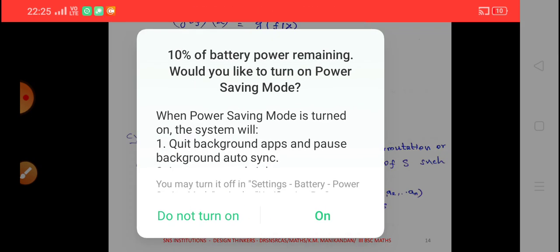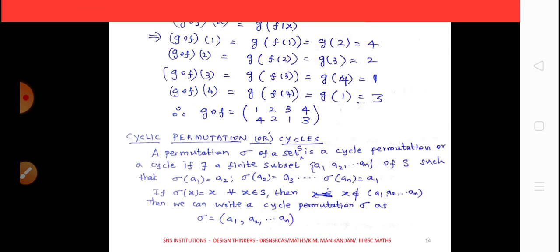If the image of x is itself, sigma of x equals x, then x does not belong to the cycle a1, a2, a3, ..., an. Then we can write the cycle permutation sigma as sigma equals (a1, a2, a3, ..., an).